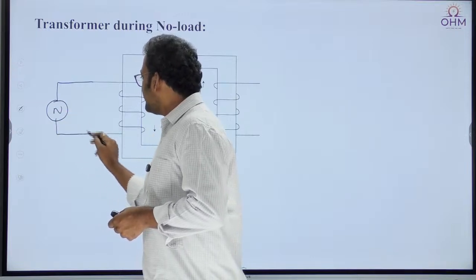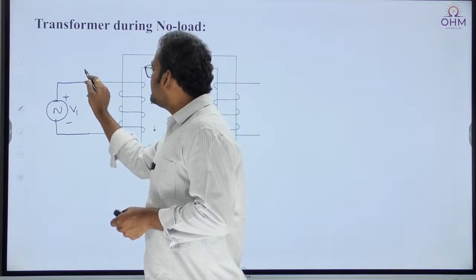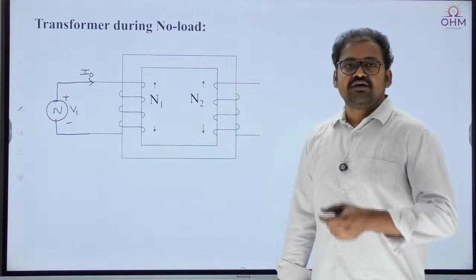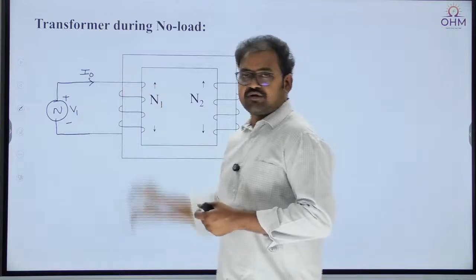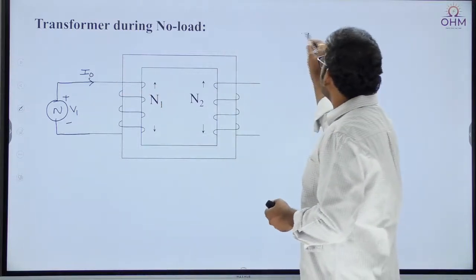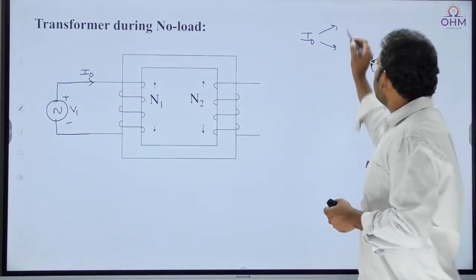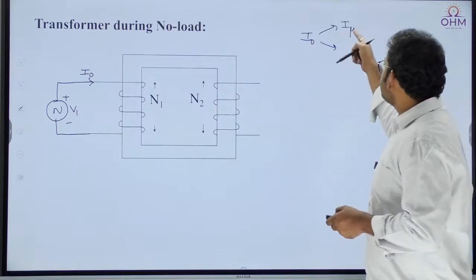The moment the AC voltage source is connected, immediately the transformer will draw a current known as no load current I0. We call it the current drawn by the transformer at no load. Now this no load current I0 will have two current components in it. One is the magnetizing current I mu. Why am I using the suffix mu?